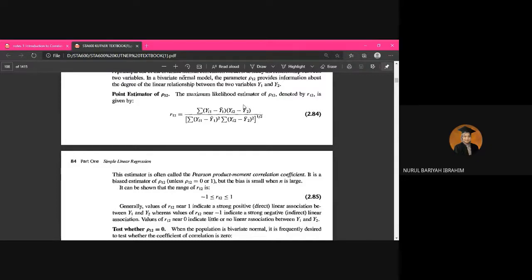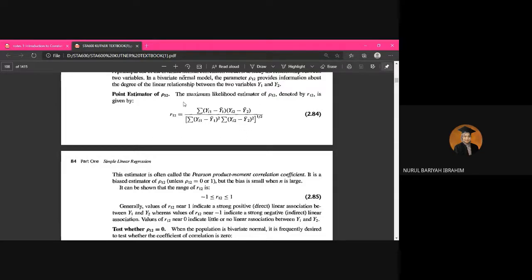If we have data with X and Y, we usually use the formula of X and Y, where the upper part is SXY, which is the summation XY minus summation X multiply summation Y divided by N. Okay, divided by the square root of SXX multiply SYY.